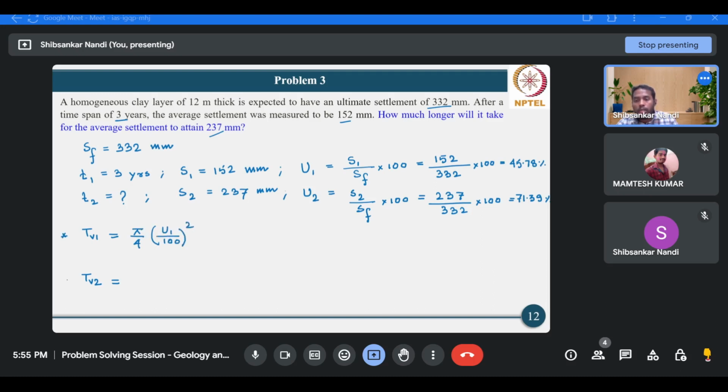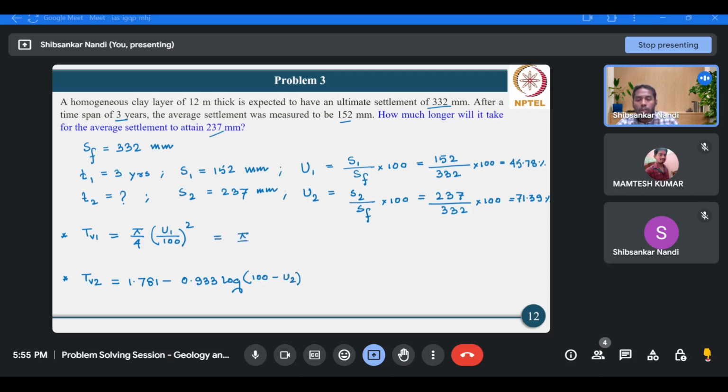For the second time factor, since the degree of consolidation is greater than 60%, we'll use this equation, 1.781 minus 0.933 log of 100 minus U2. Now we'll substitute the values.